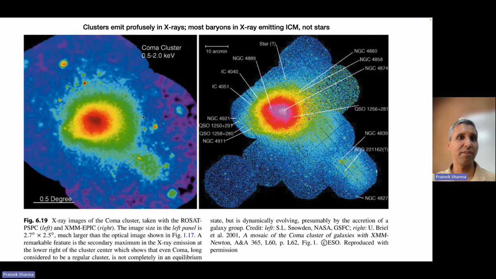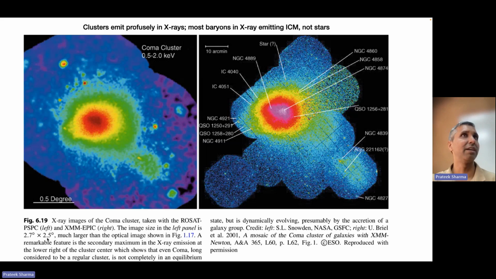And this is a surface brightness in X-rays. So this is an image of Coma cluster in X-rays taken with the ROSAT Rontgen satellite on the left, and the right is from XMM Newton, which is a more recent X-ray telescope. Since this is so nearby, it is also very big on the sky.